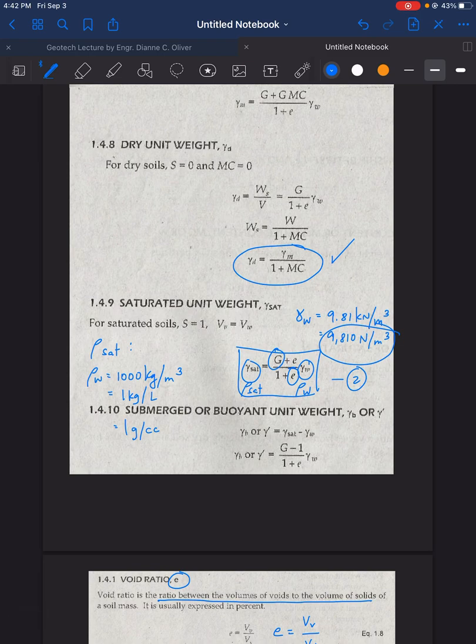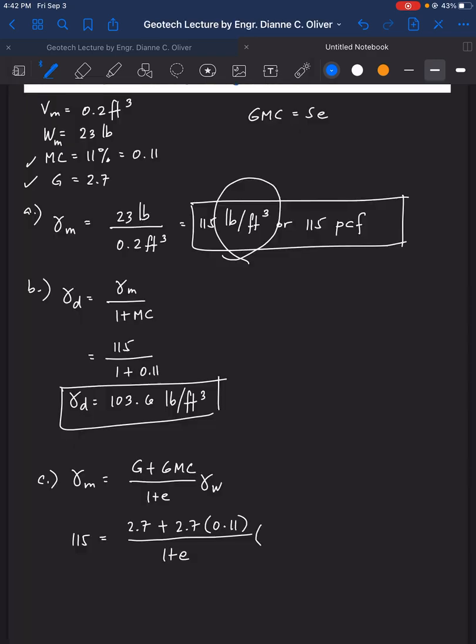So in English, gamma of water is 62.4 pound per cubic foot, or PCF.